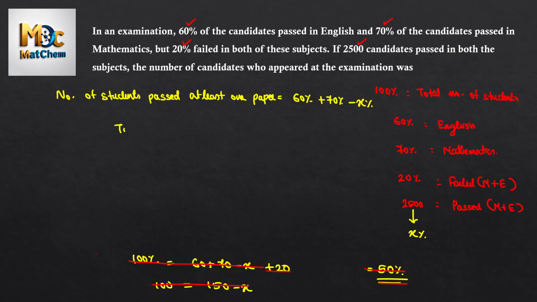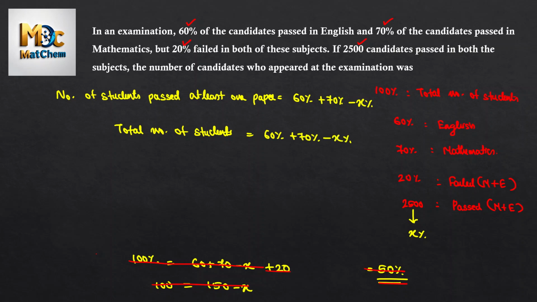The second thing: the total number of students is nothing but the number of students who passed at least one paper plus the percentage of students who failed in both papers. What is the number of students who passed at least one paper? That is 60 percentage plus 70 percentage minus X percentage.